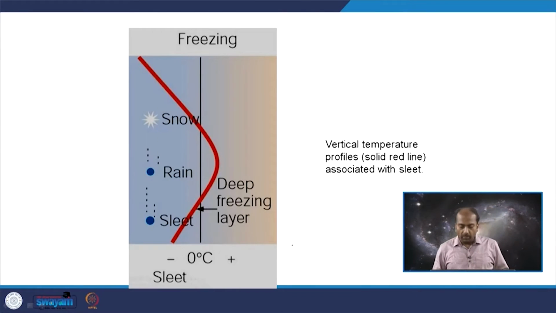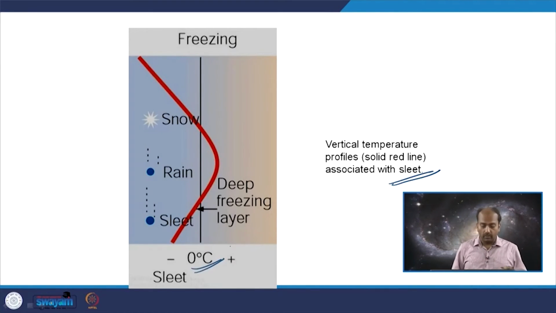Now, vertical temperature profiles associated with sleet. Let us say you have a 0 degree Celsius vertical line, and the temperature of the atmosphere varies like this. At the ground the temperatures are very low, and as you go up the temperatures increase to a particular height and then decrease again, so they cross the 0 degree Celsius mark at 2 points.